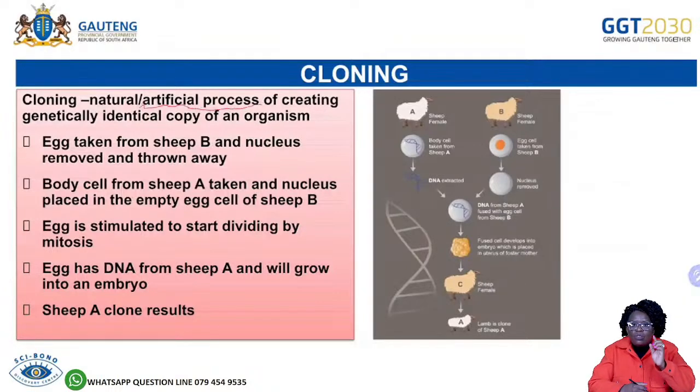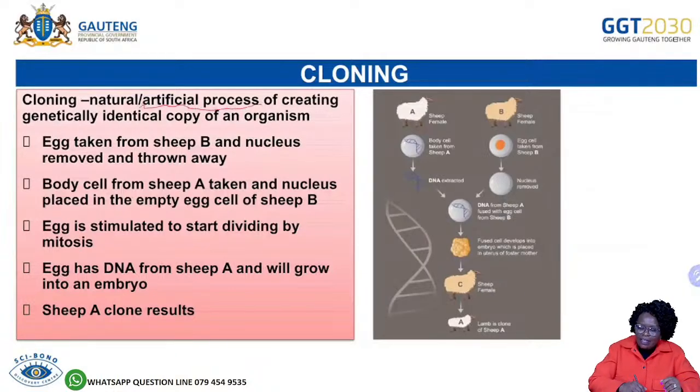Don't think about reproduction, because when the sperm cell and the ovum fuse together, that zygote is going to be carrying the genetic information from paternal and also from maternal origin. Therefore, the baby that is born is not going to be genetically identical to the mother or the father. But cloning is a process where you see exactly the same organism as the one that was cloned.